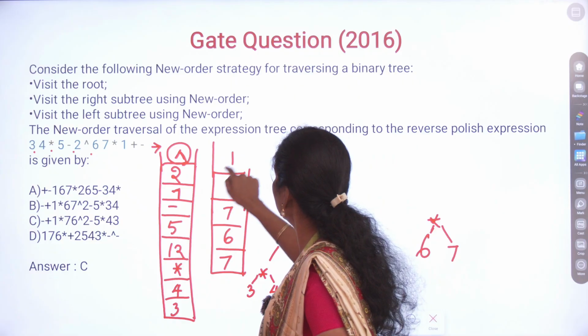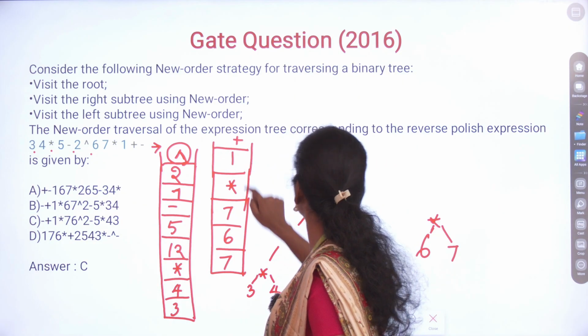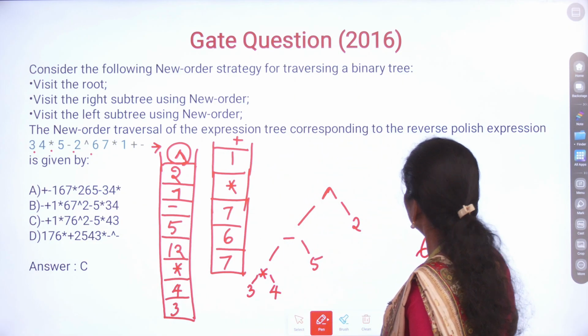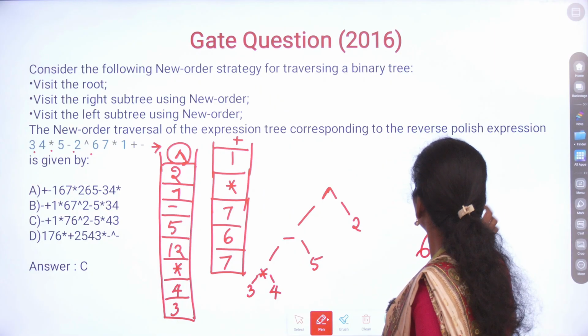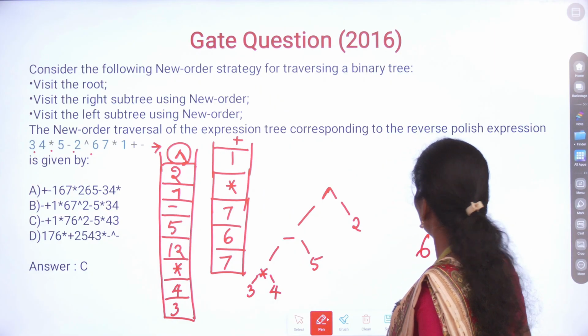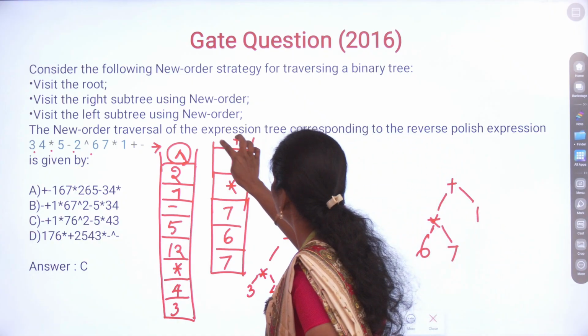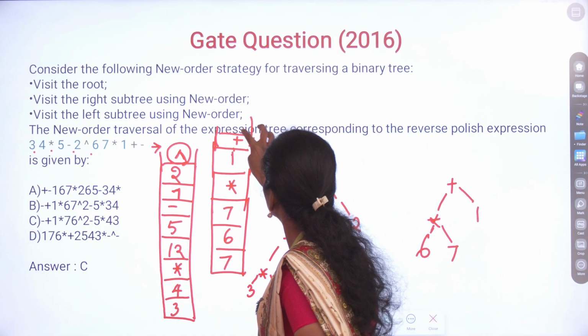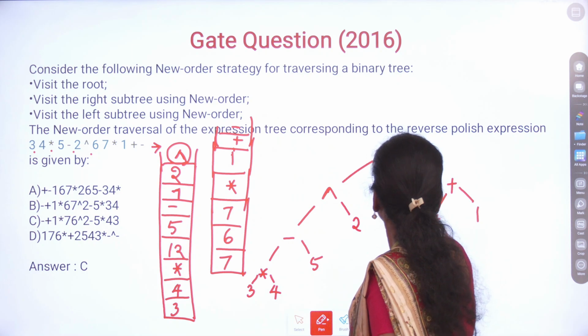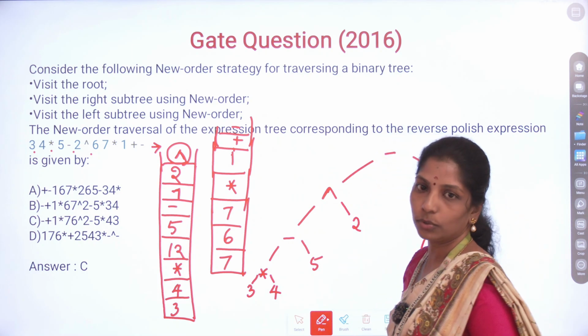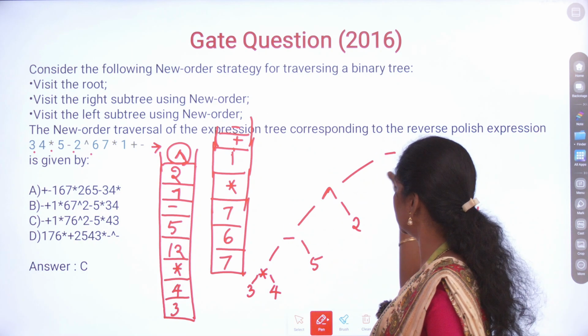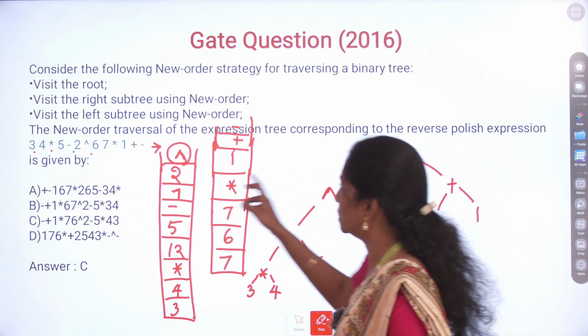Okay, after that 1 we are going to push plus. So you are going to add this element with 1. Then finally you are going to subtract these two trees.